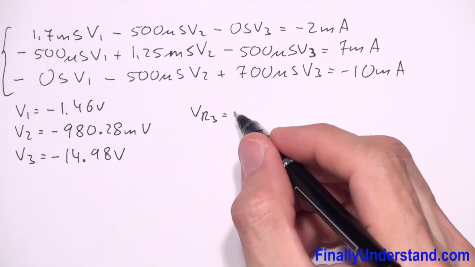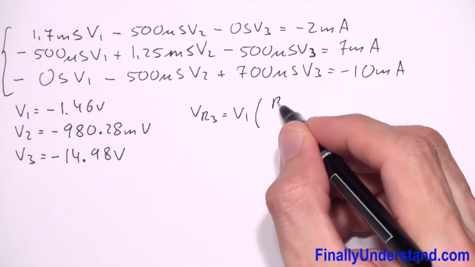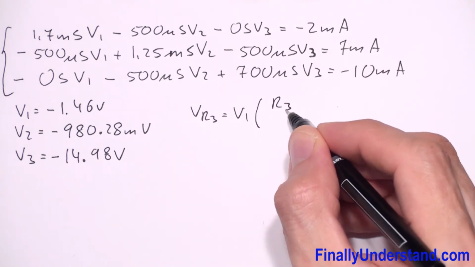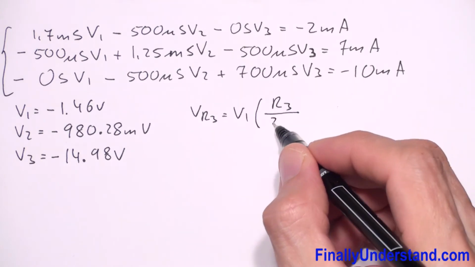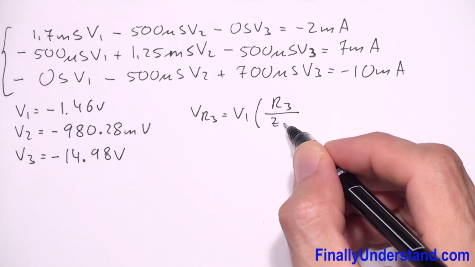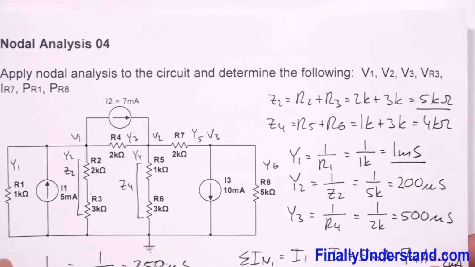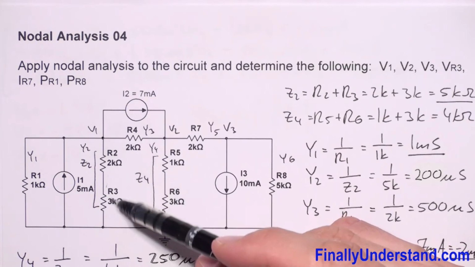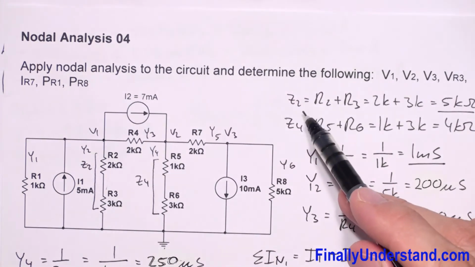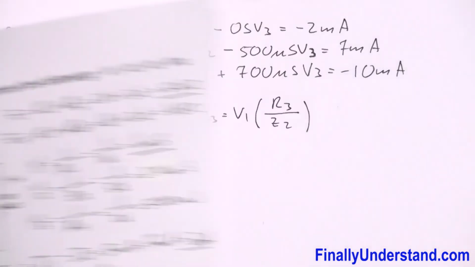VR3 is equal to V1 times R3 over Z2. Why Z2? Because the total resistance of these two resistors I'm going to call Z2, and we found that Z2 is equal to 5 kilo ohms.